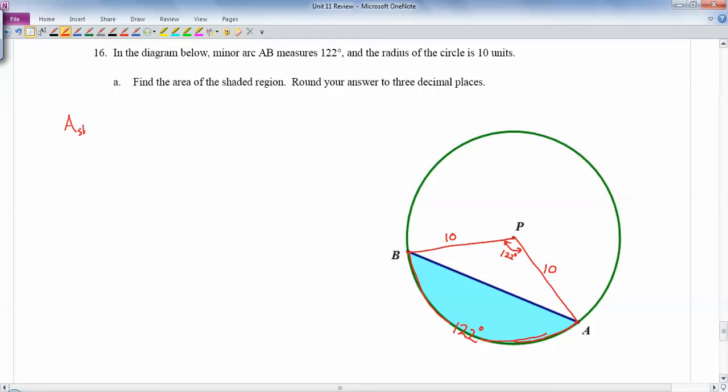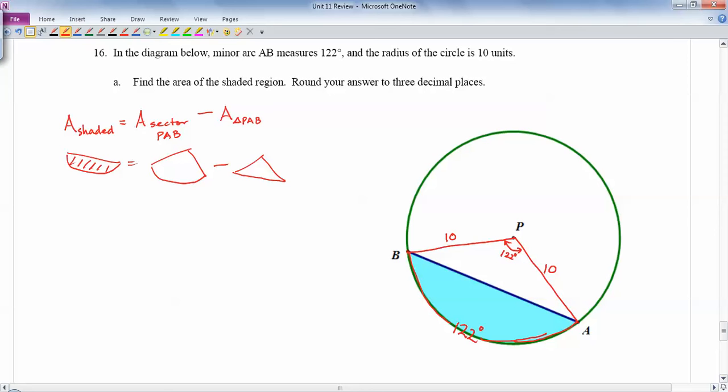The area of the shaded is really going to be the area of the whole sector PAB, and you're going to get rid of the triangle part of it. So I'll draw a little diagram to go with it. The shaded part down there is really going to be the area of the entire sector, the whole slice, minus the triangular part that's stuck inside of it, right?